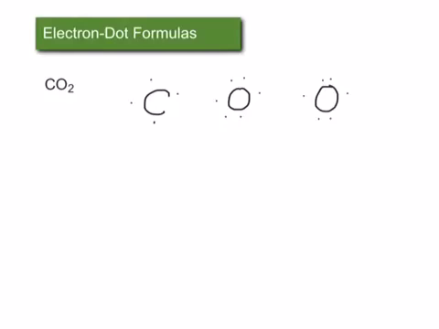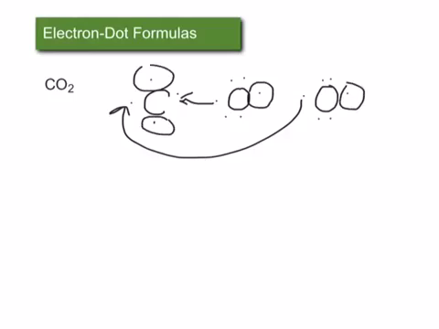Okay, and so in this case, we could pair an oxygen up with the carbon on this side, and we could pair an oxygen up with the carbon on that side. But now we still have unpaired electrons here and here on the oxygen, and here on the carbon. And so they're going to come together and make a double bond, which we can draw like this.